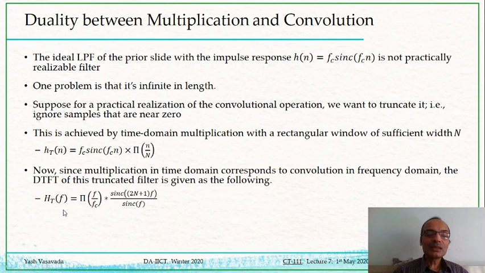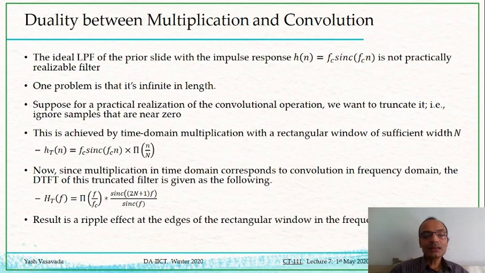And so in the frequency domain, the practically realizable filter will be a convolution of the ideal rectangular pulse in the frequency domain with this sinc function in the frequency domain. Because of this convolution, there will be some ripples that we are now going to look at.